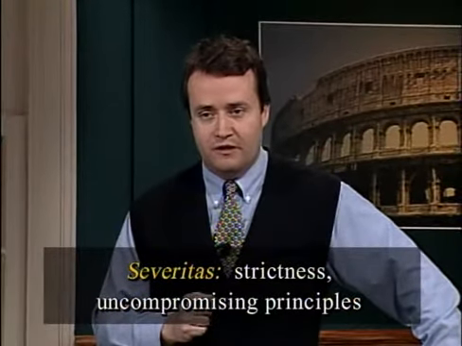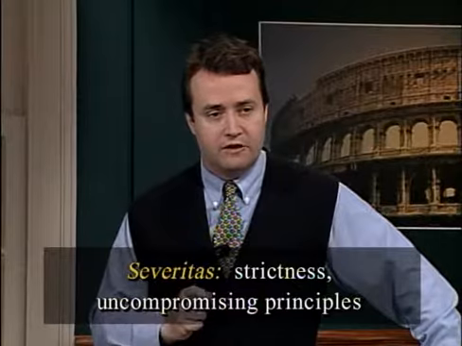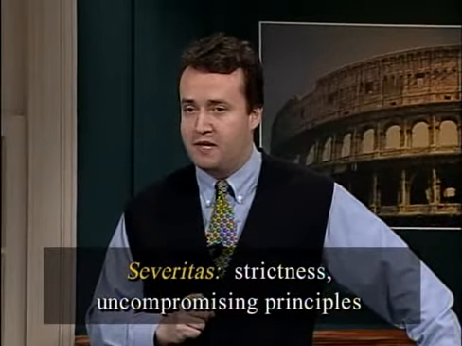We have in the first consul, Lucius Junius Brutus, the man considered generally to have been the founder of the Republic, since he organized the coup d'etat that ousted the Tarquins. We have in him another rather more difficult model for us in the modern world to understand, but a model of what the Romans considered a most admirable quality, the quality of severitas, the quality of sticking by your principles, regardless of how hard it might be.